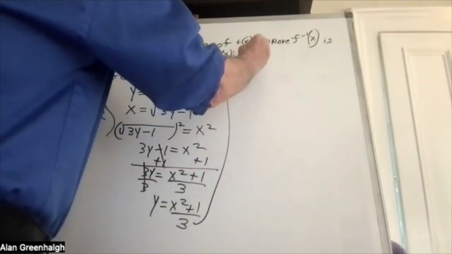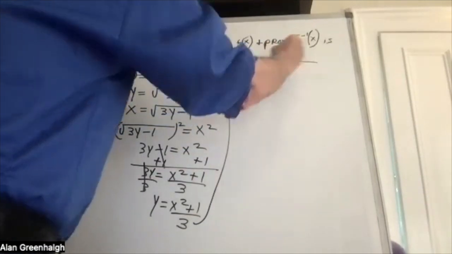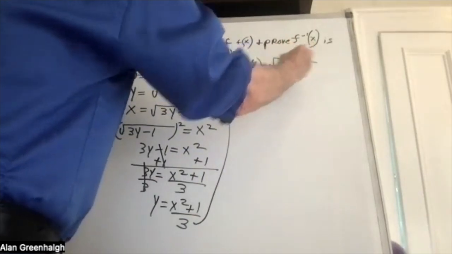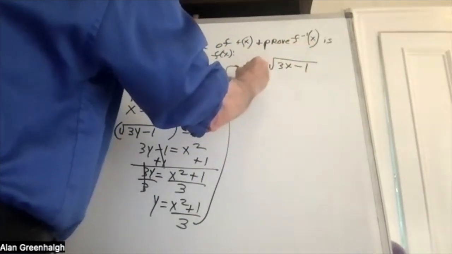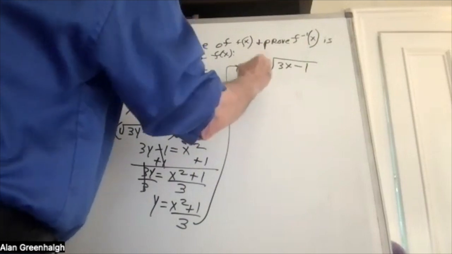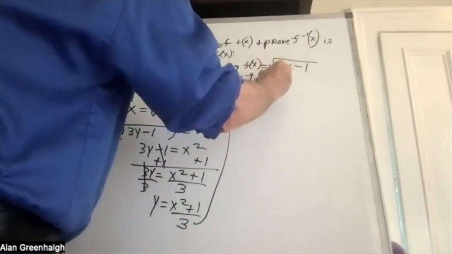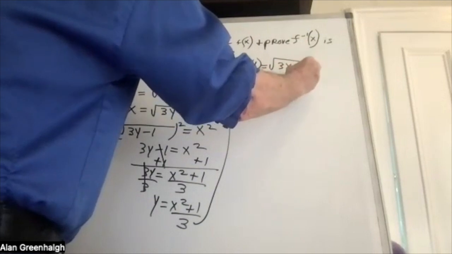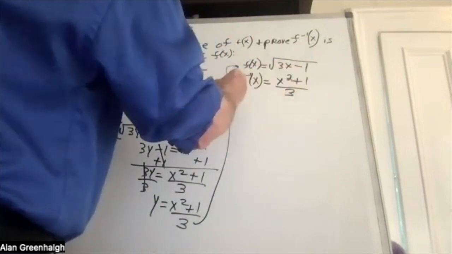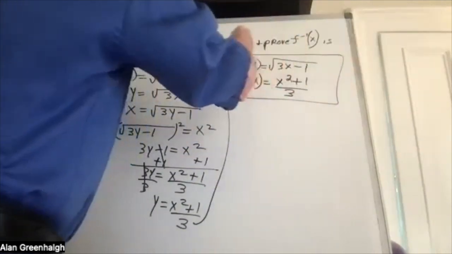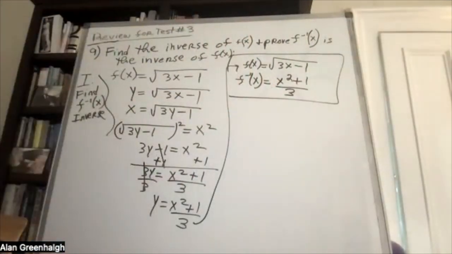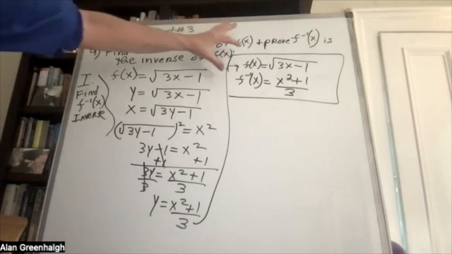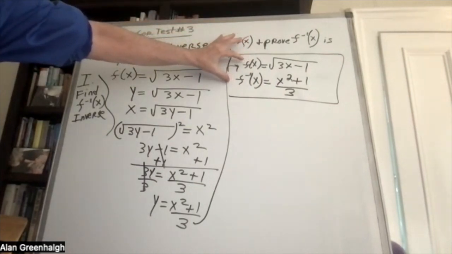F of x was equal to the square root of 3x minus 1. The inverse of that is equal to x squared plus 1 over 3. This is the first part of the problem. Find the inverse. And then prove that these two really are inverses.